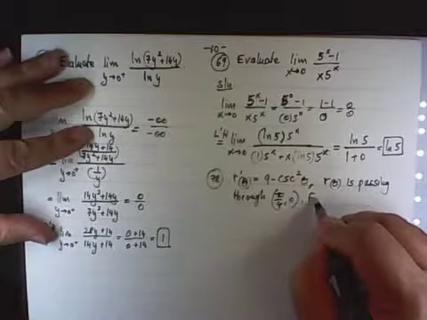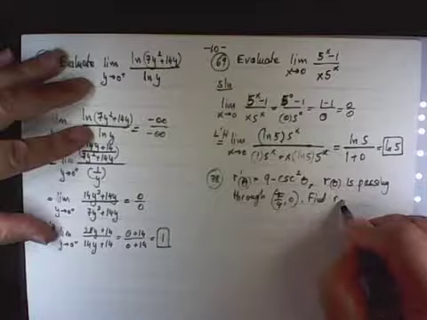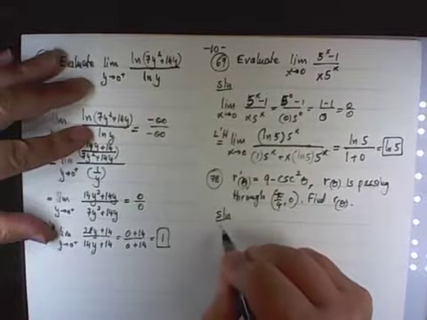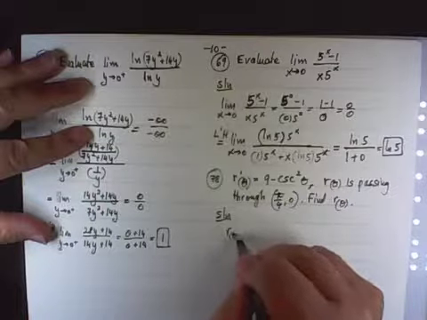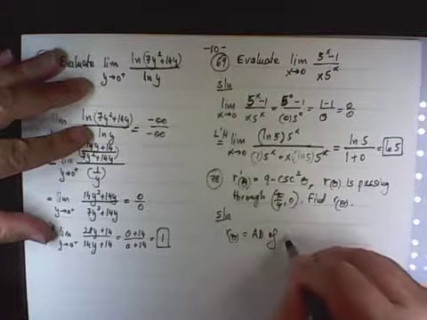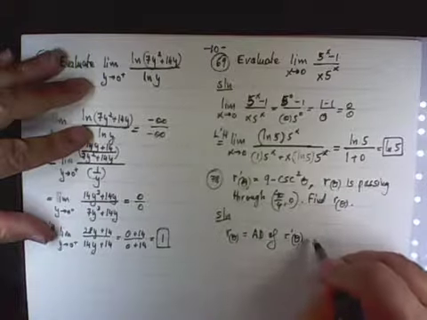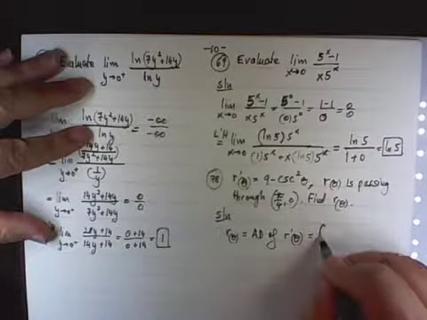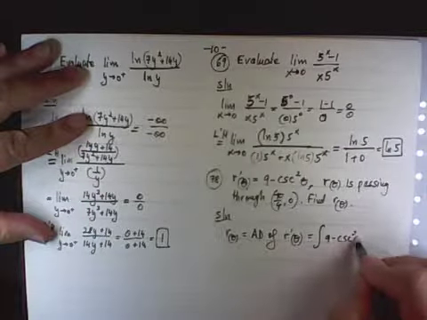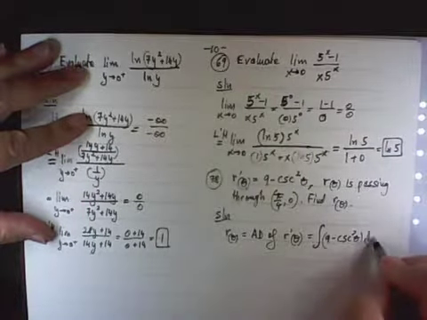Okay, and we need to find R of theta. The solution, okay, R of theta equals the antiderivative of R prime of theta. Or we can write it as the integral of 9 minus cosecant squared of theta d theta.